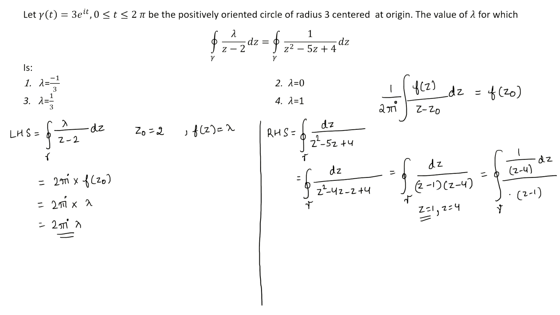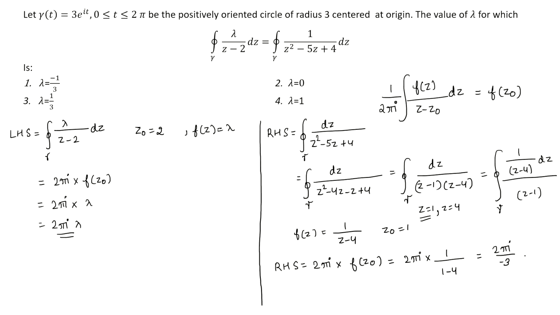So if we write like this, then f of z is equal to 1 by z minus 4 and z naught is equal to 1. Therefore, the value of RHS is equal to 2 pi i into f of z naught, and this is equal to 2 pi i into 1 by 1 minus 4, that is 2 pi i by minus 3. Okay, so this is RHS and this is LHS.